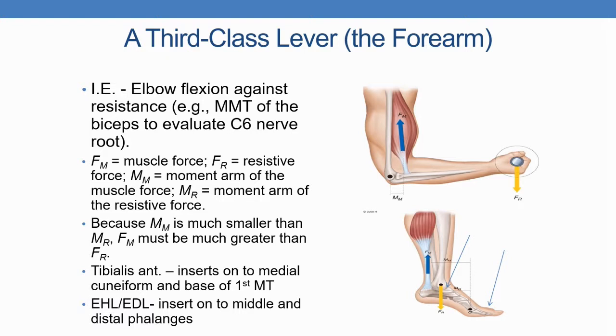And that explains why in the health club you can only do bicep curls with 30 or 40 or 50 pounds, but you can do standing calf raises with hundreds and hundreds of pounds, because it's a different lever system.